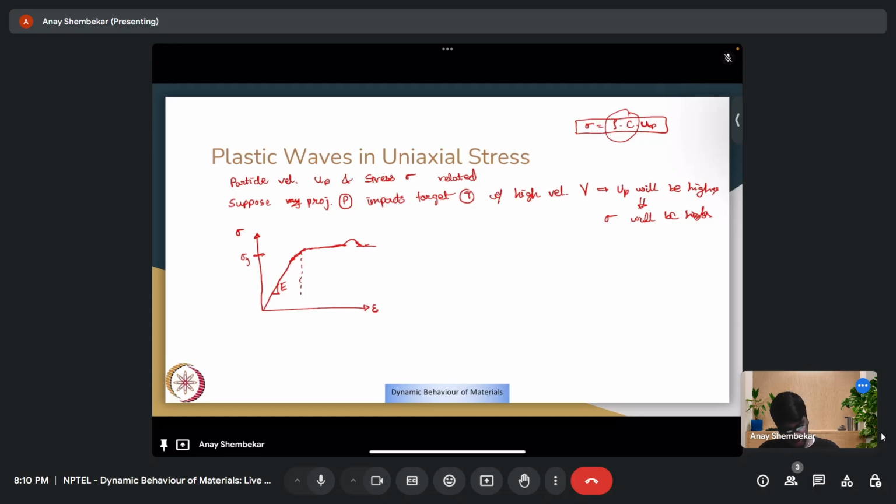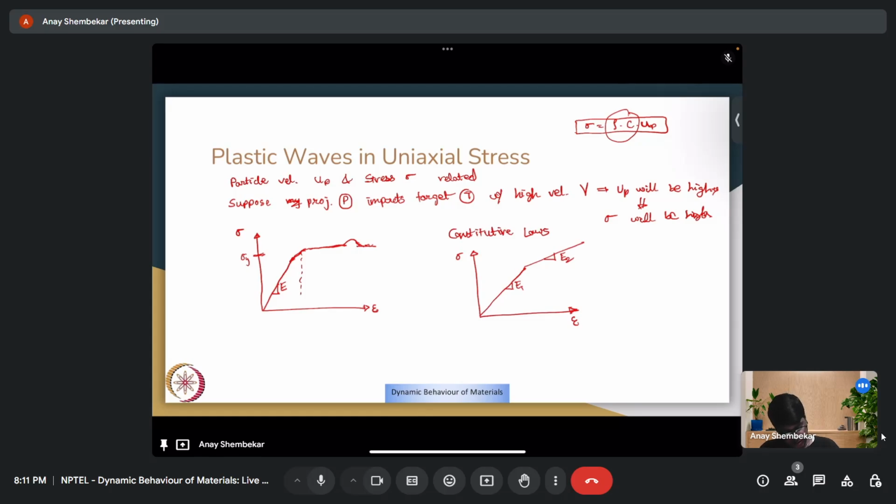There are various ways to draw up material constitutive laws. The simplest one in plasticity is the bilinear elastoplastic model. This is E1, this is E2.